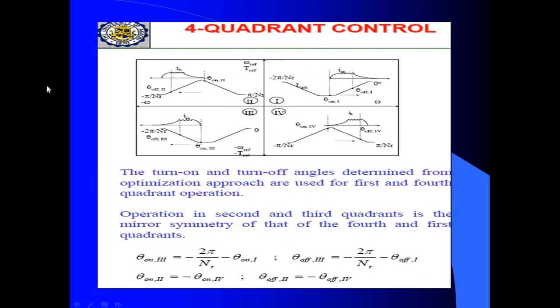Here the quadrant angle between first angle and second angle and third angle. And the first angle is 2 pi over Nr, rotor speed, and then the maximum value of speed theta m is equal to the forward direction, and then quadrant 2 is a negative region, then minus pi divided by Nr.